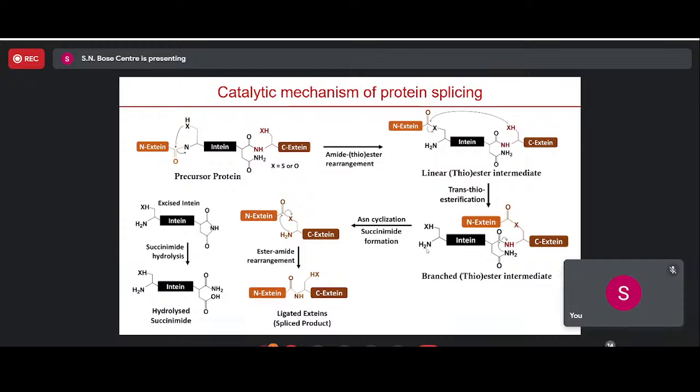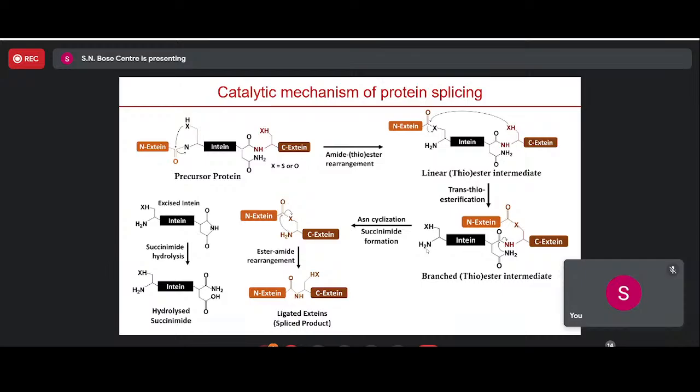Why does this not happen first? Because if this happens first, it will just cleave, and we will get these two, no spliced product. We will only get C-terminal cleavage. So there is some driving mechanism that these steps happen in a concerted fashion, one after another.